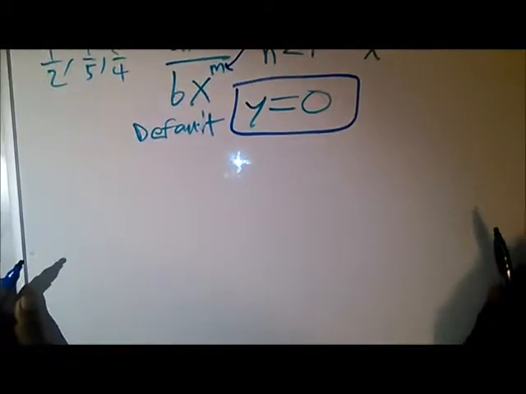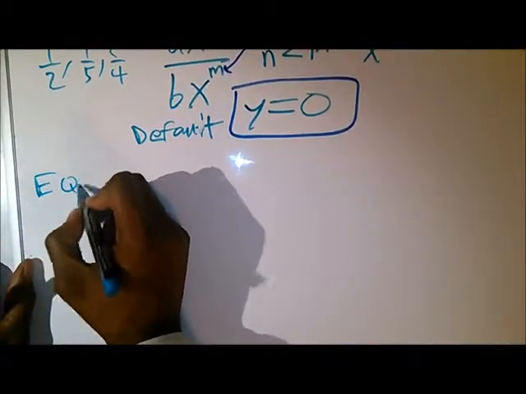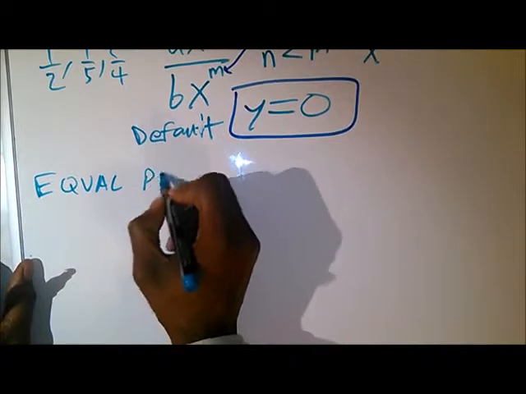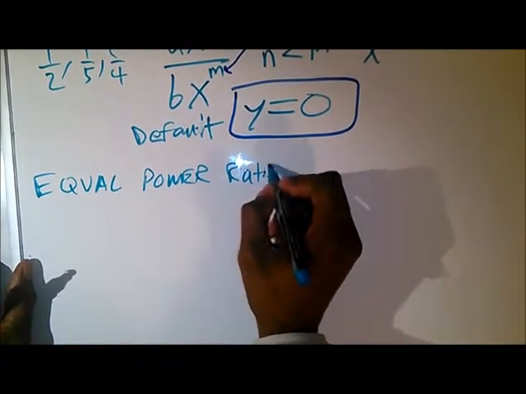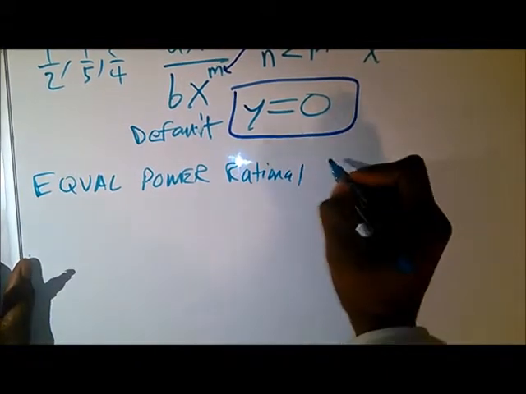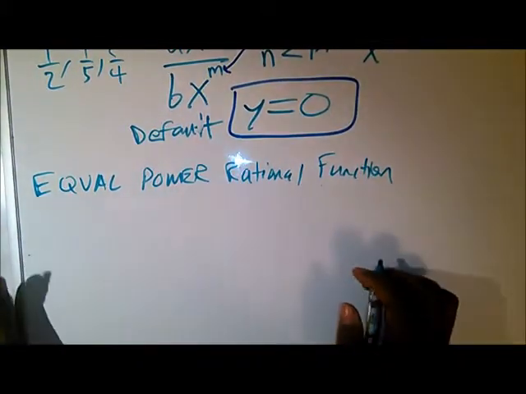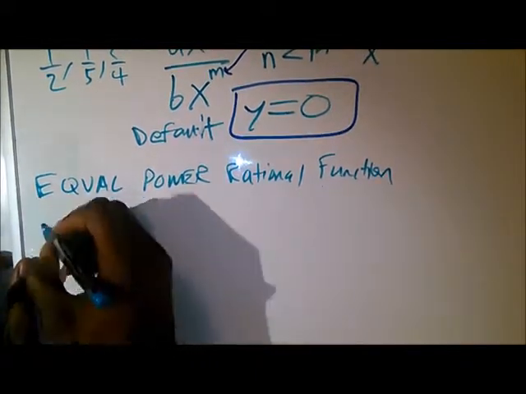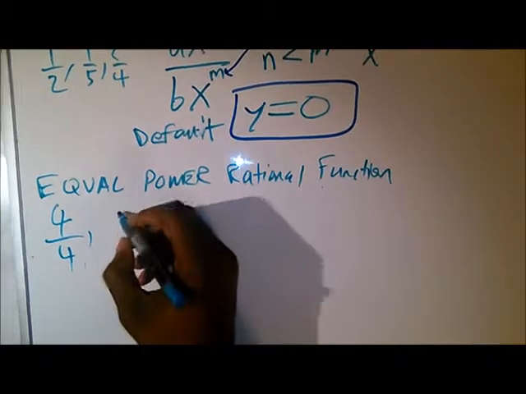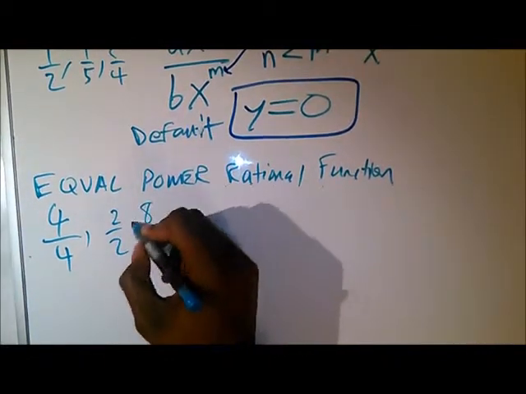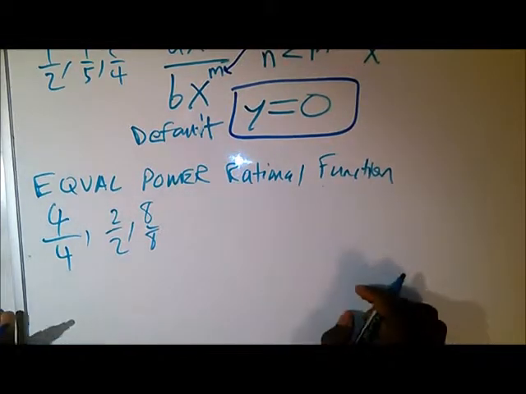Now the next one, I call it the equal power rational function, right? For example, you have 4 over 4, or 2 over 2 or 8 over 8, okay? Those are equal ratios, right?